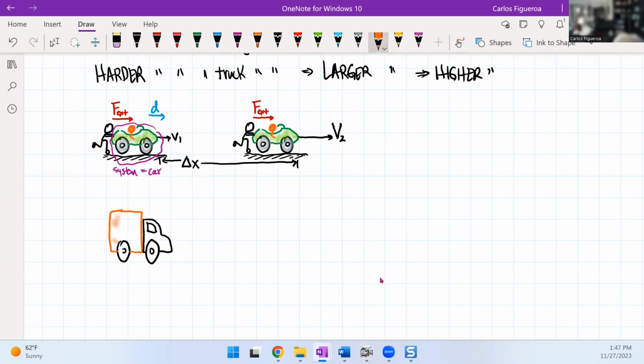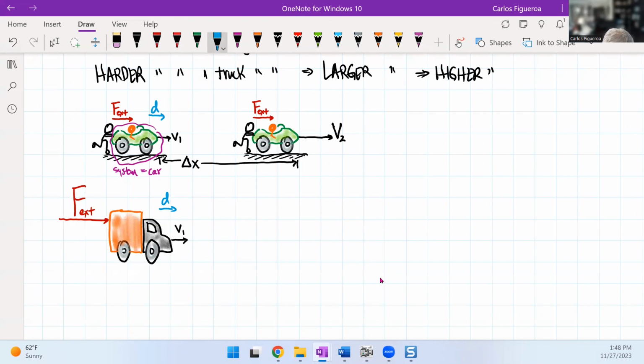So when I'm looking at this guy, clearly this truck has more mass than the car. So I could imagine that this truck is going to be moving at the same speed as the car right here. But what's got to be the big difference here? The big difference has to be how hard you have to apply. Because it's larger, you're expecting that you're going to have to apply a larger external force in order to do this displacement.